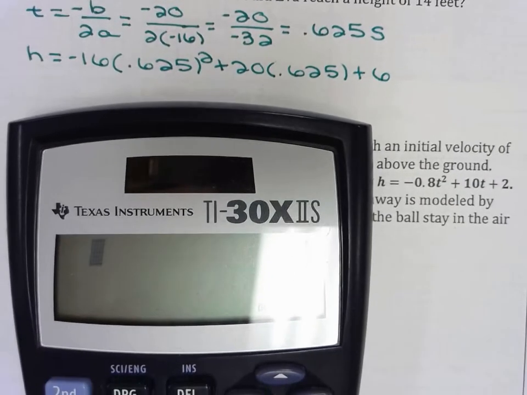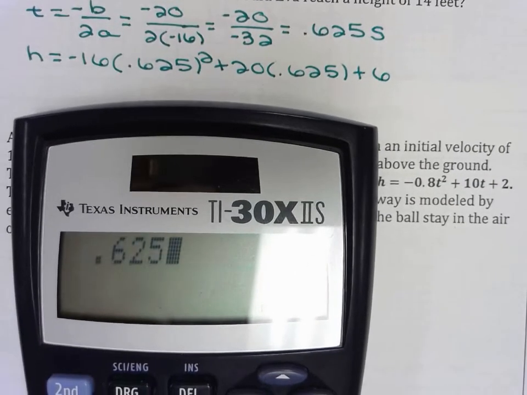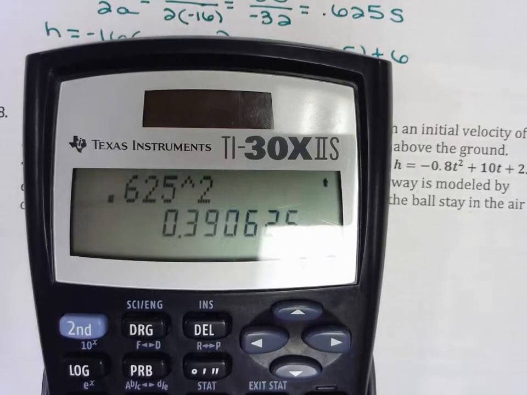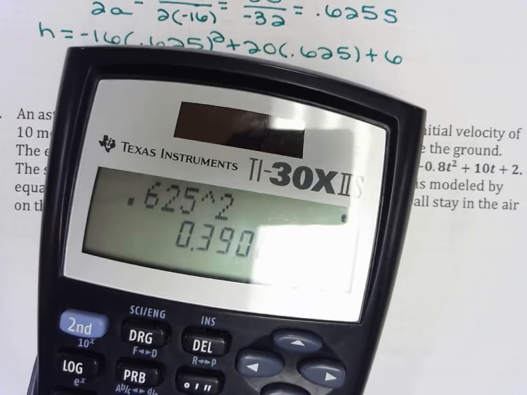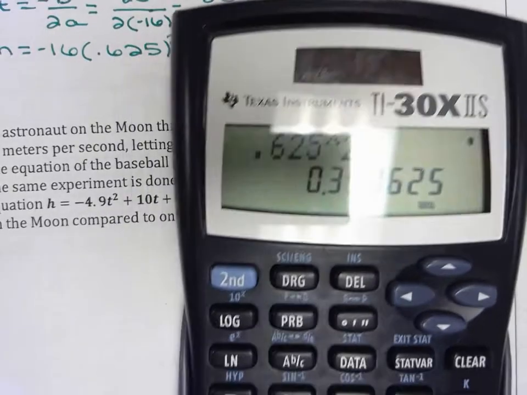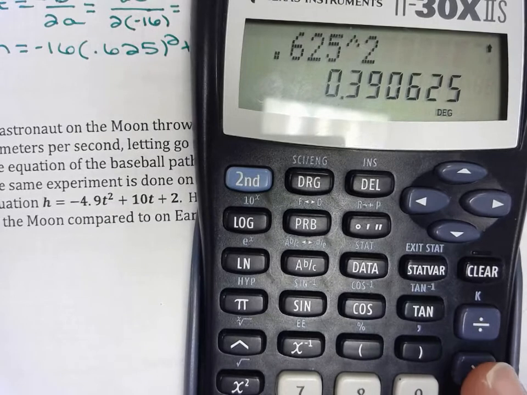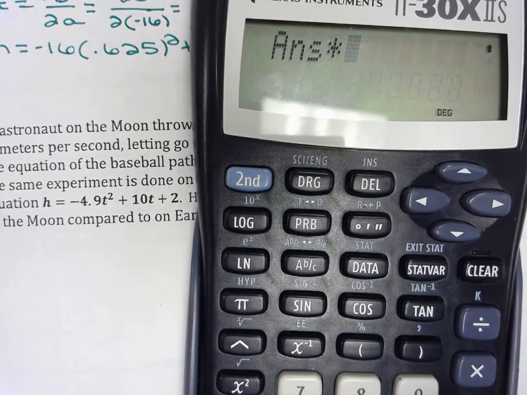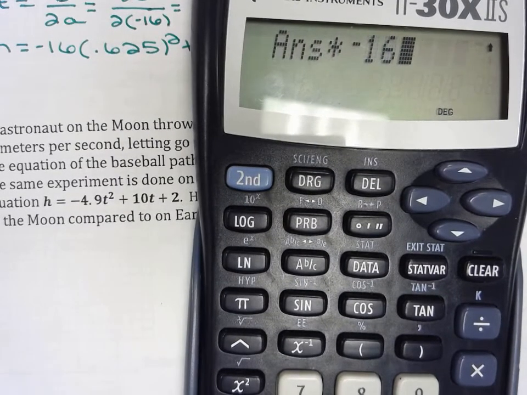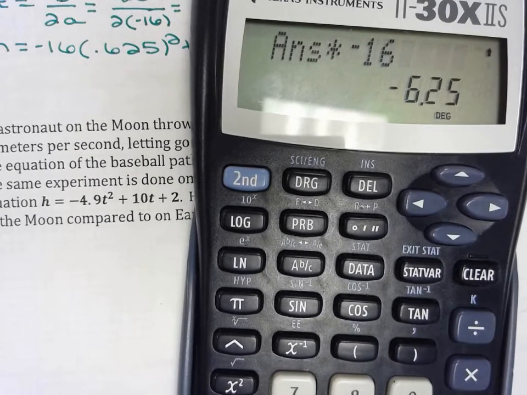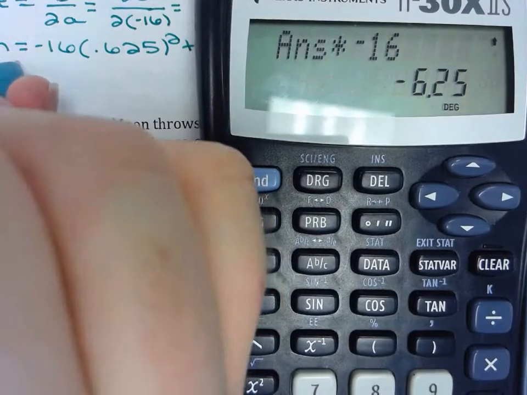Do your exponent first. 0.625 squared, like that. You'll get that. So instead of having to write down the decimal, save yourself some time. And you can just put times. So if you just type times negative 16, it will take your answer you just got, so you don't have to type in the decimal, multiplied by negative 16, and that will give me my first part. Negative 6.25.